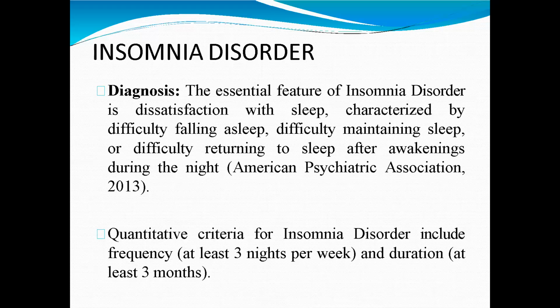It is about initiating and maintaining sleep. You can also say it is dissatisfaction with sleep. Any person who is not satisfied with the quality of sleep, and who is also characterized by difficulty falling asleep.